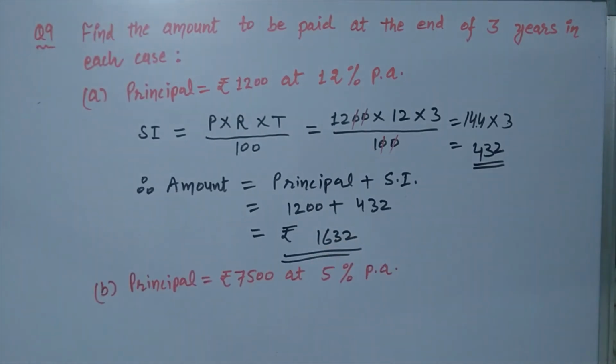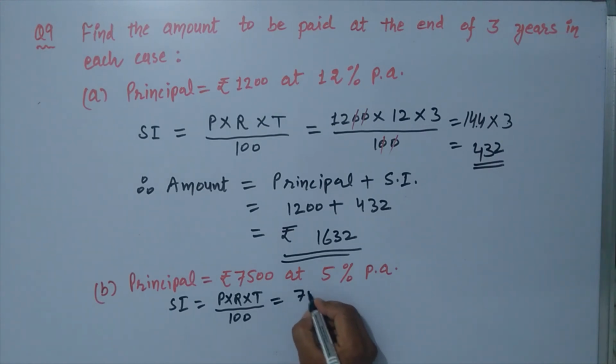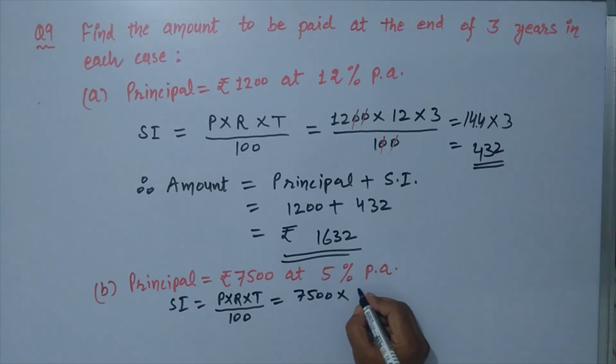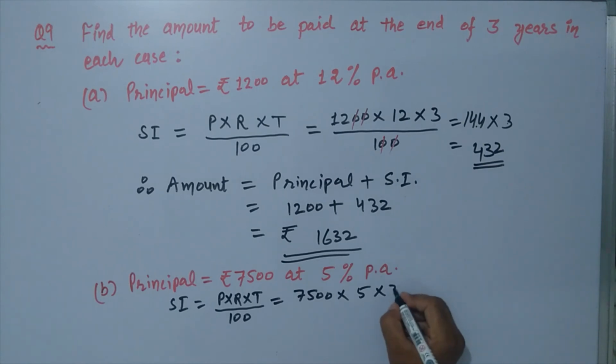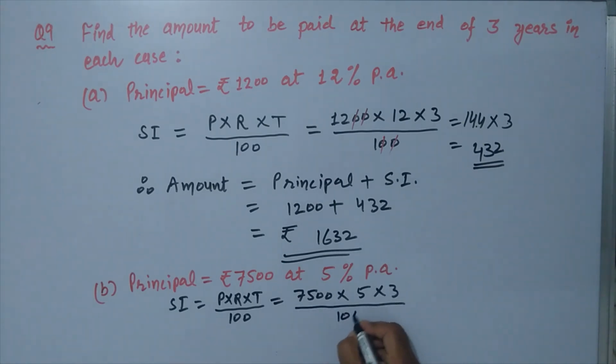In the next part, B part, the principal amount is rupees 7500 at 5% per annum. So here also simple interest is equal to P into R into T divided by 100, which becomes principal amount 7500 into R is 5% per annum, time is the same, 3 years, divided by 100.